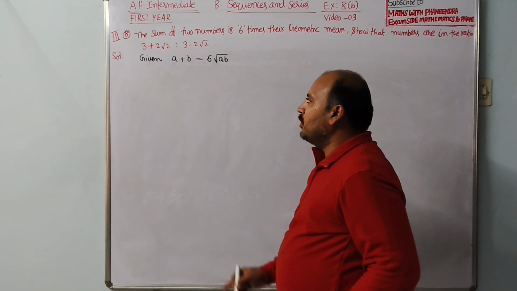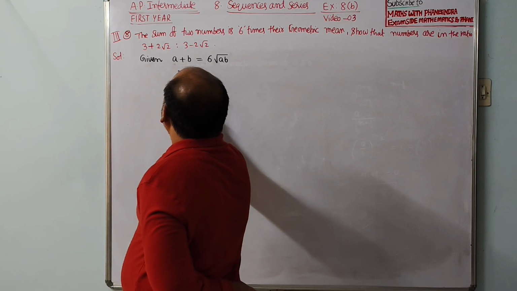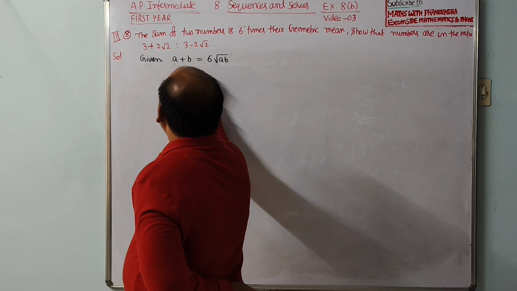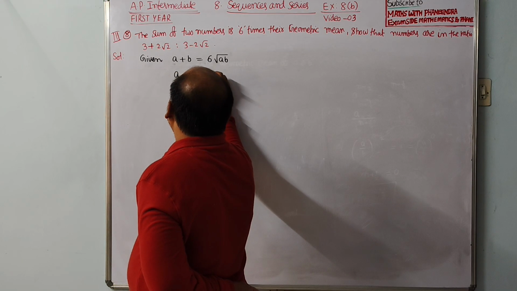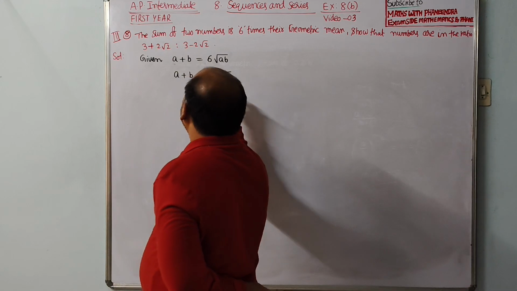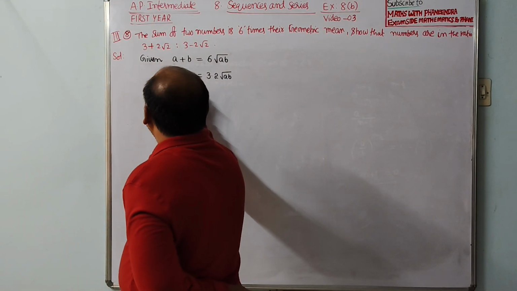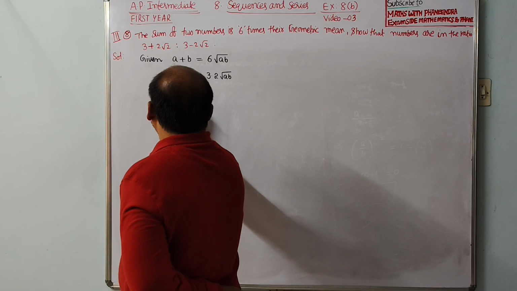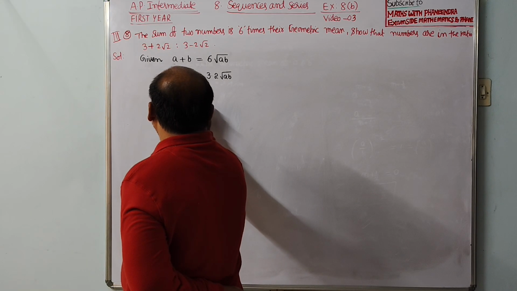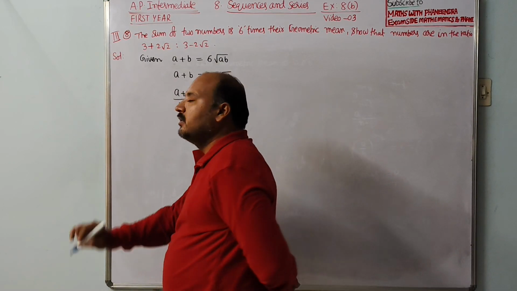Okay dear students, I hope you understand. Later what we have to do is, a plus b is equal to, here we can write it as 3 times of 2 into root ab. Can I write like this? This 2 root ab bring into the denominator of this side, a plus b divided by 2 root ab is equal to 3. 3 means 3 by 1.